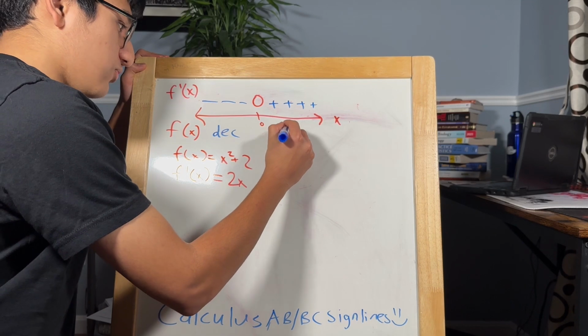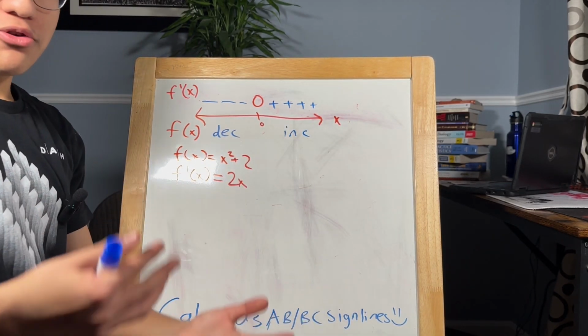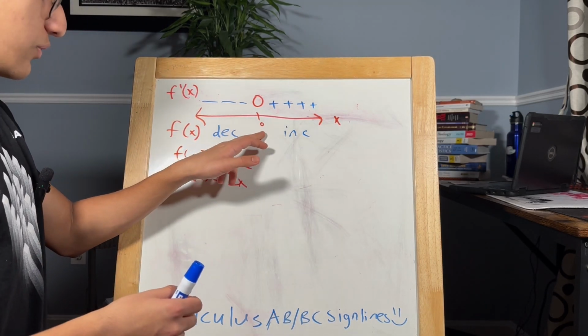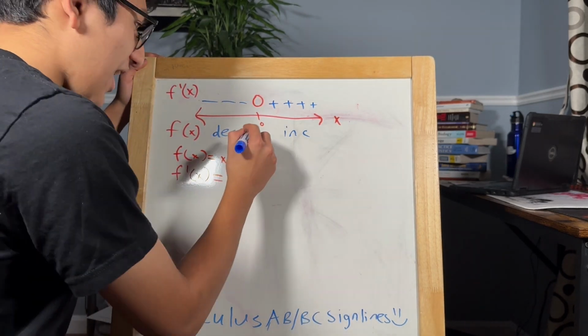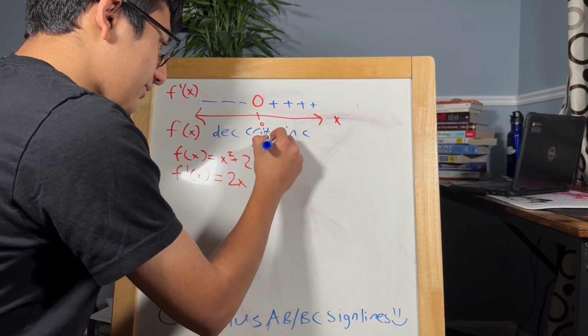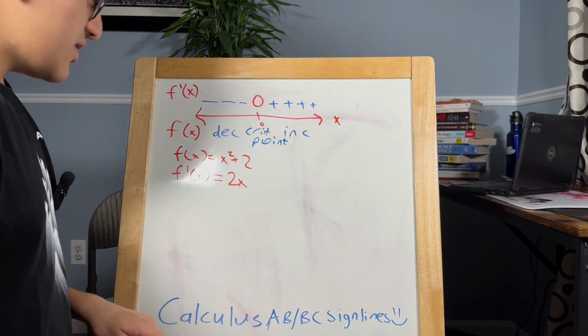So this would be increasing. And at 0, it's neither increasing nor decreasing. So they call this point right here, be careful what you call it, but it's called a critical point. I'll call it a crit point.